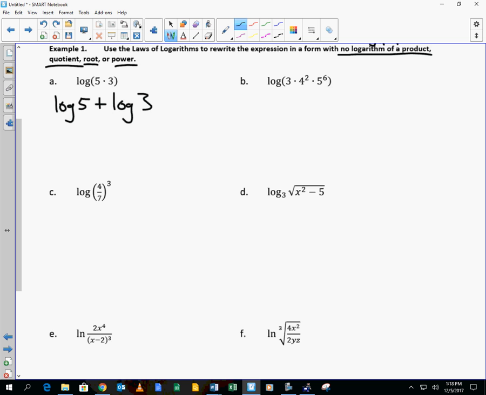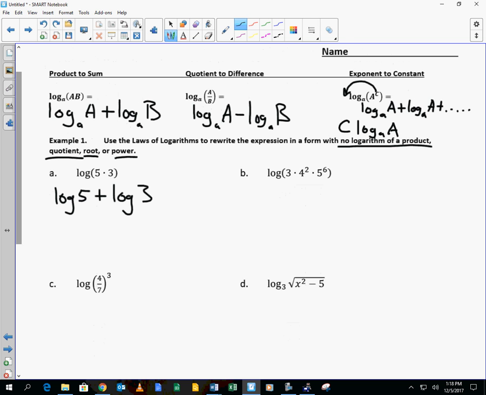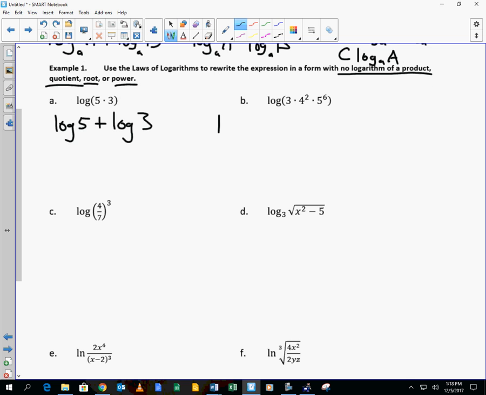So I will first use that product piece right here, product to sum, in order to divide this up. So I have log of 3, then what? Plus. Awesome. Now, I just have log of 3. Is this the log of a product, quotient, or power? This is the log of a power. I can take that 2 and dump it out in front.